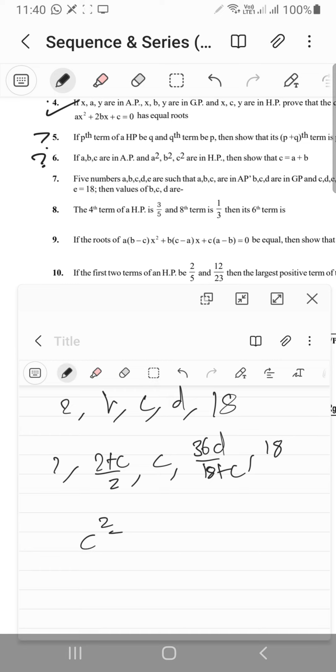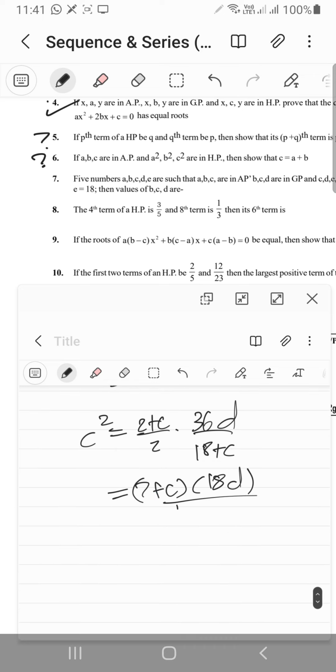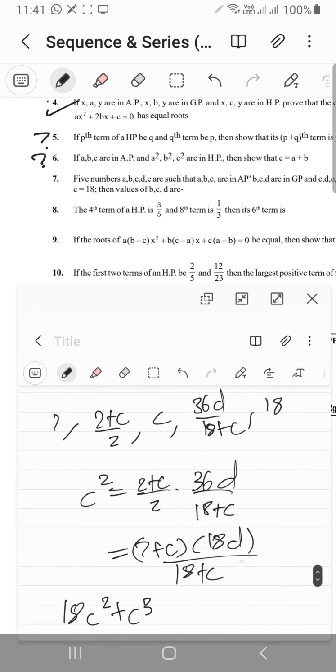That means C squared equal to (2 plus C) upon 2 into 36C upon (18 plus C), which is (2 plus C) into 18C upon (18 plus C). Wait, why is D over there? It should just be 36C, right? There should be C over there.